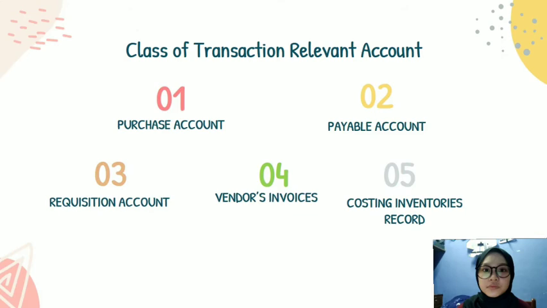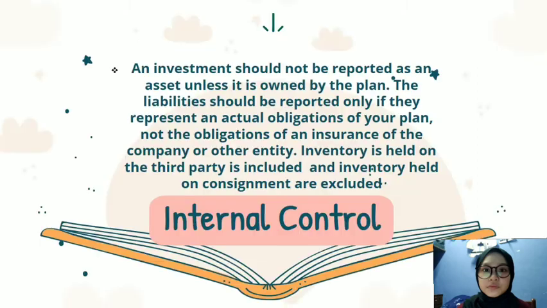The classes of transaction and relevant accounts for right and obligation are purchase account, payable account, requisition account, vendor invoice, and costing inventories record.